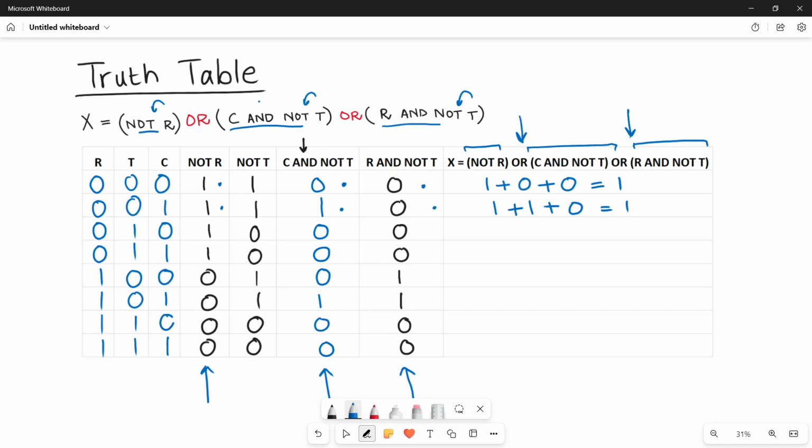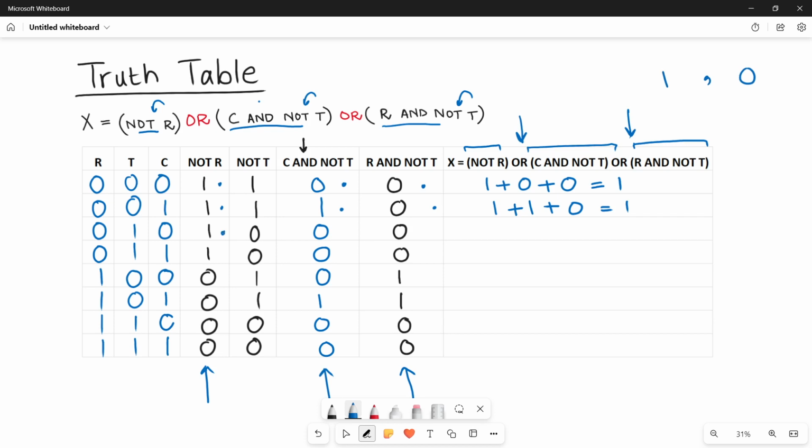Because remember that in binary addition, 1 plus 1 is represented with 1. In basic maths, 1 plus 1 is 2, but in binary addition, 1 plus 1 is also 1 because you have only two digits to represent your data, 1 or 0. It cannot be 0, so it is 1 in binary data.